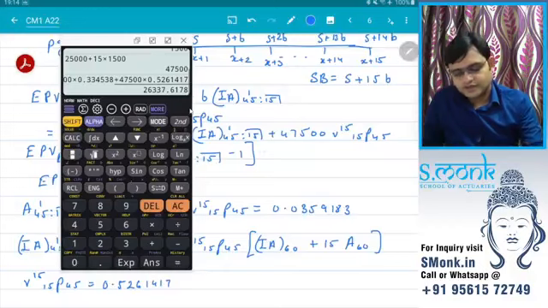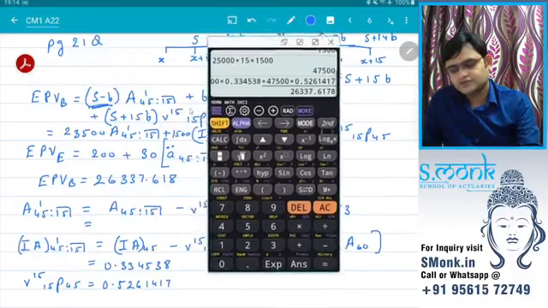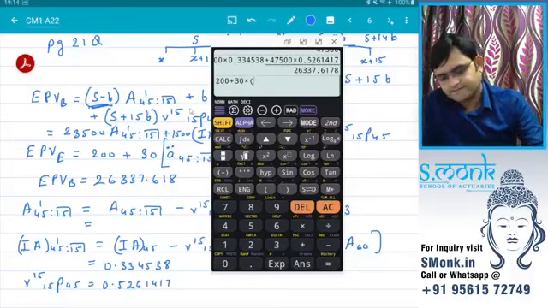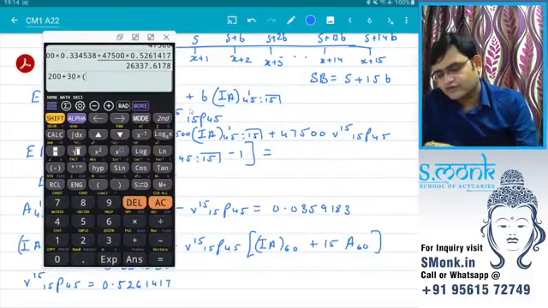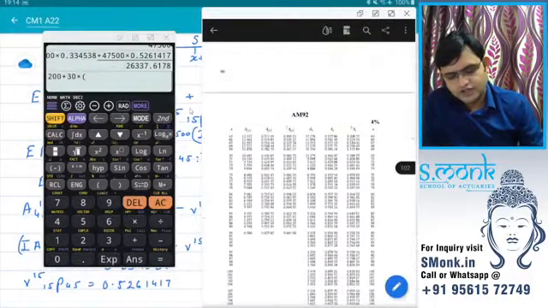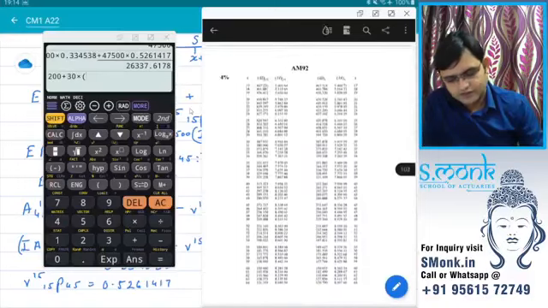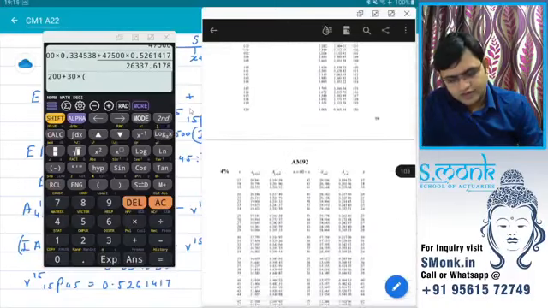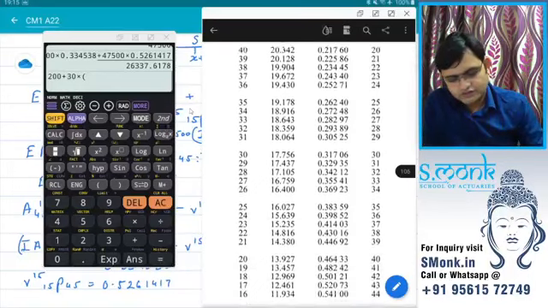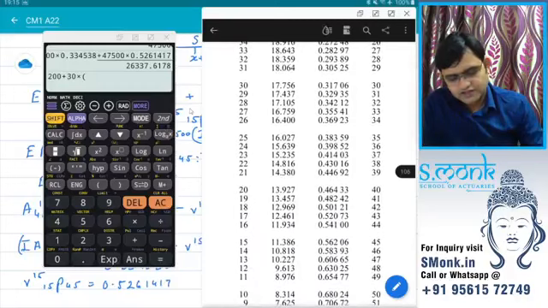What about expected present value of expenses? We have 200 plus 30 into A45-15. We'll go to the endowment table. In the endowment table, we have this temporary annuity as well. So A45-15 is 11.386.